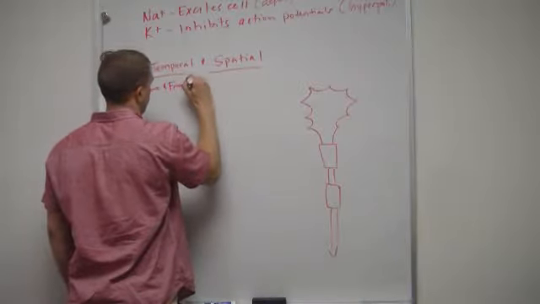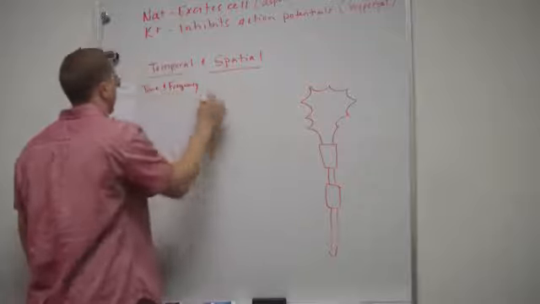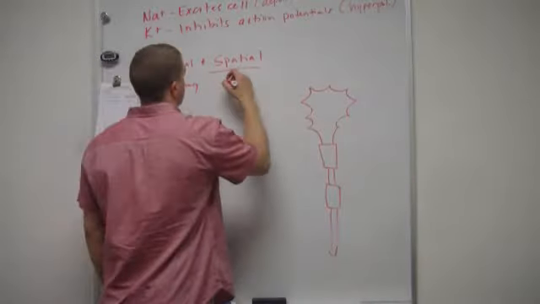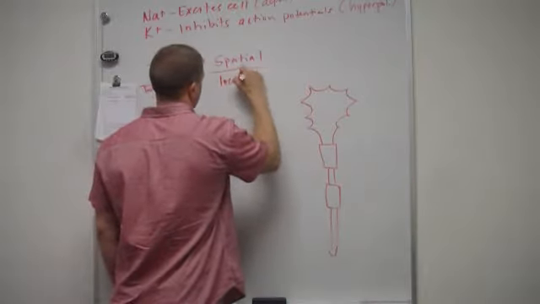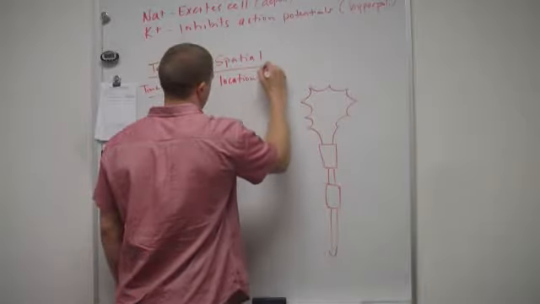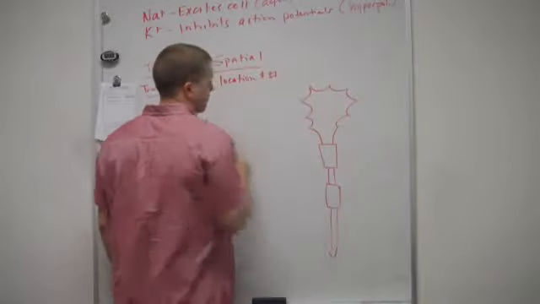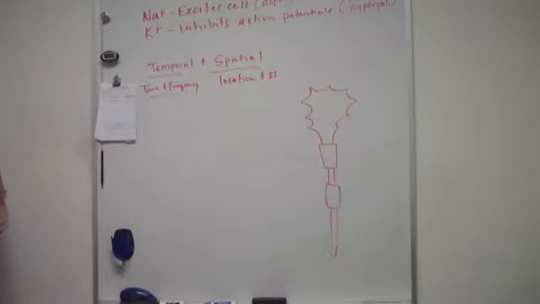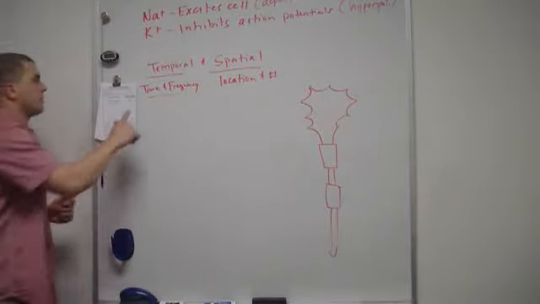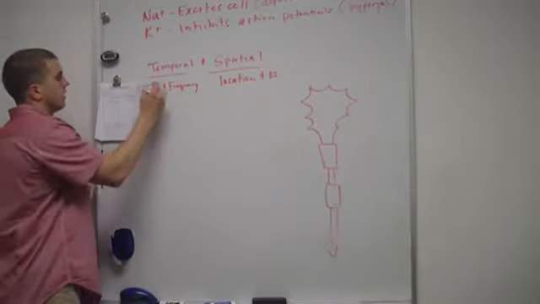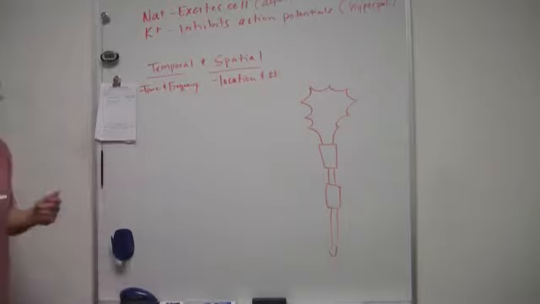And those happen at the same time. Oh, I know what spatial is now. When we're talking spatial, we're talking more like location and maybe number. So these are both taking place at the same time. It's really like a race. Who's going to win?